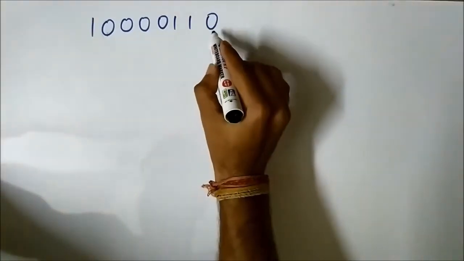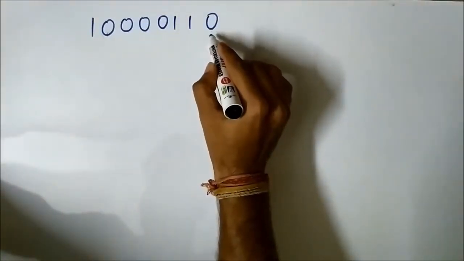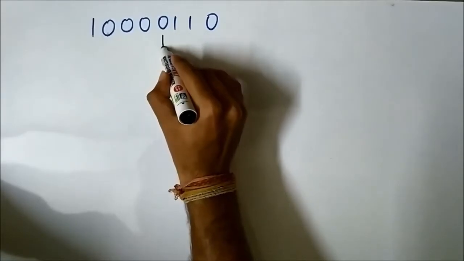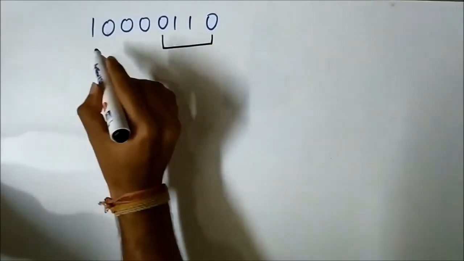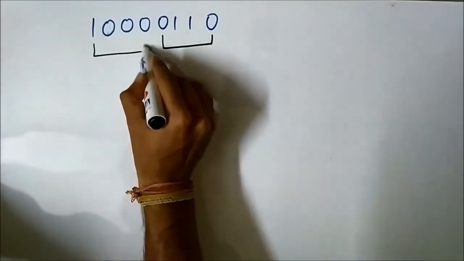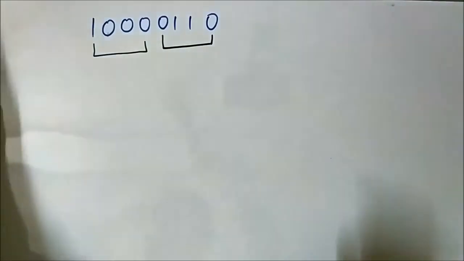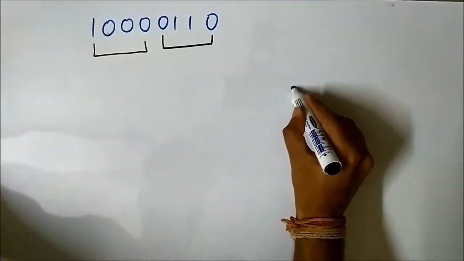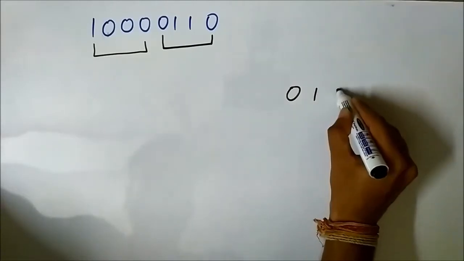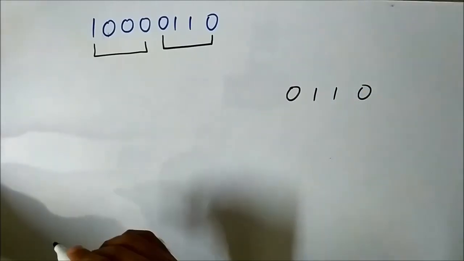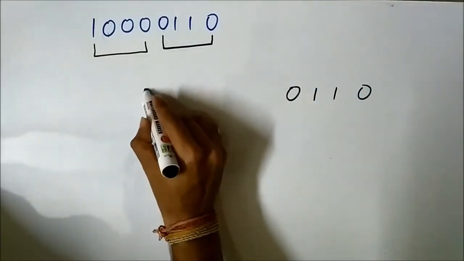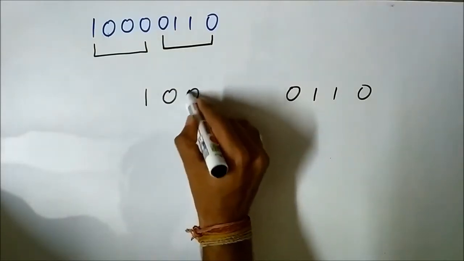We start from the least significant bit and make 4-bit groupings. This is one 4-bit grouping, this is another 4-bit grouping, and we write them separately: 0 1 1 0, and this is 1 0 0 0.